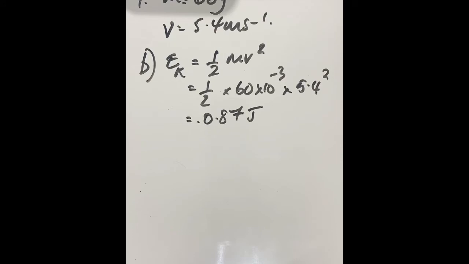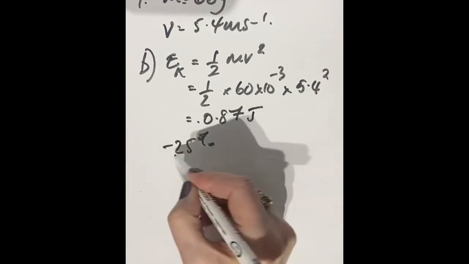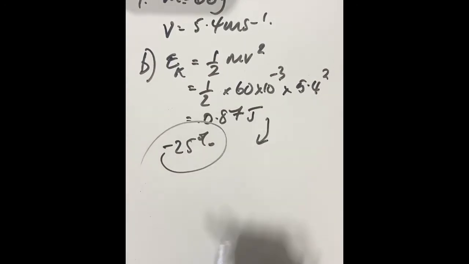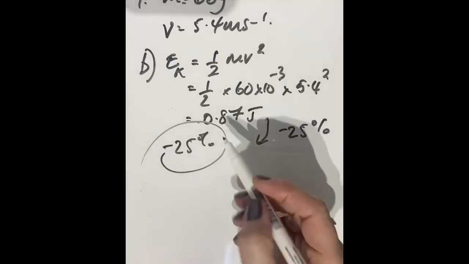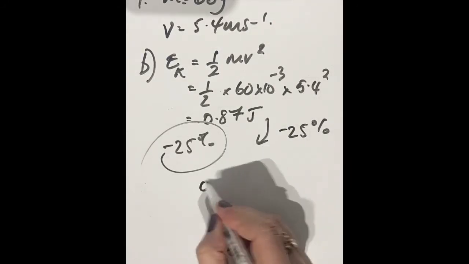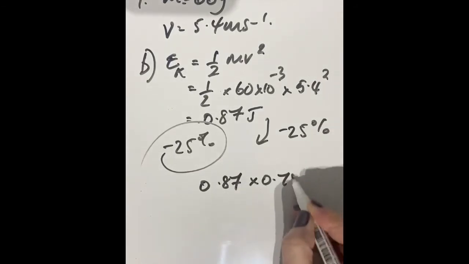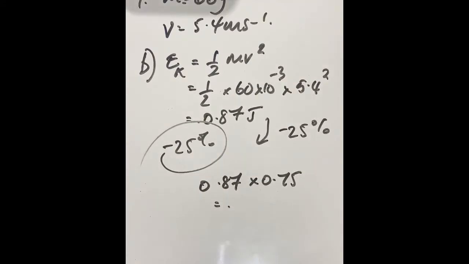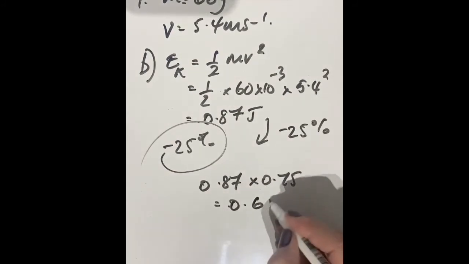We need to know the velocity at which it leaves the ground. So the question told us that it loses 25% of that kinetic energy. So if we're losing 25%, we're left with 75%. So 0.87 times 0.75 is 0.66 joules.